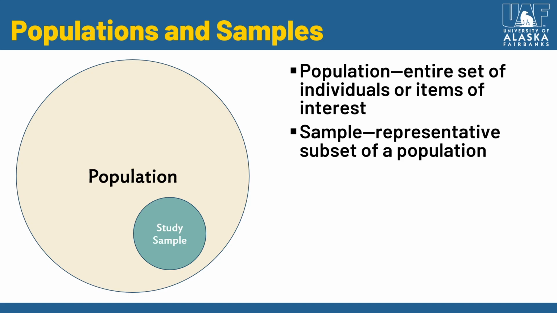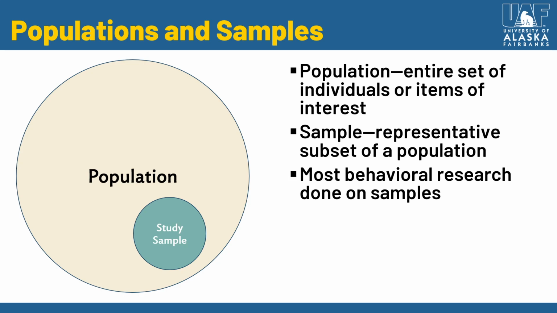population. Obviously, it would be really hard to study every single grizzly bear in the world. So we might just select a few that we're studying in depth. And in social science and psychology, most of the research that we do is done on samples, simply because we usually just don't have access to an entire population.